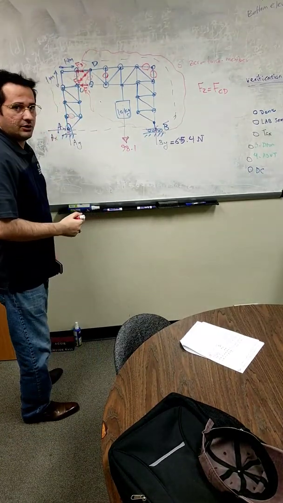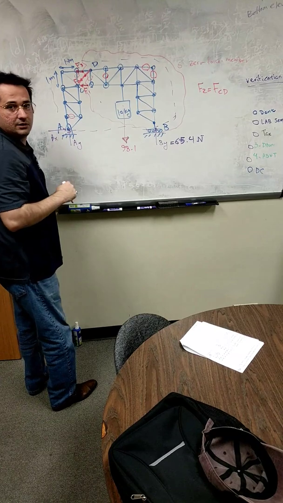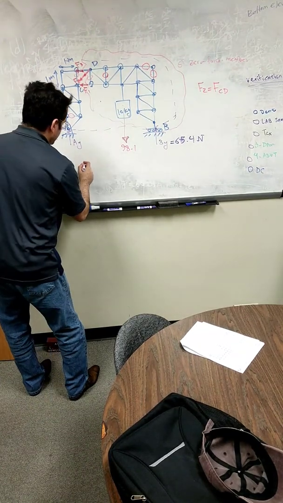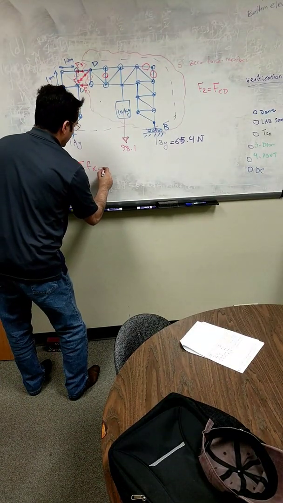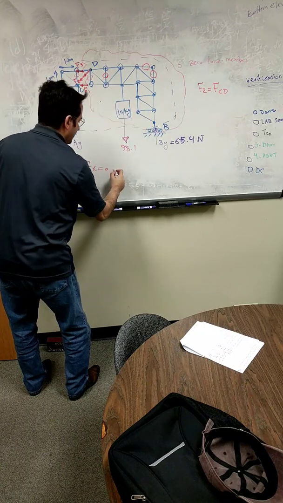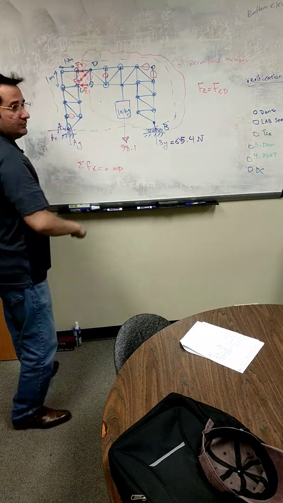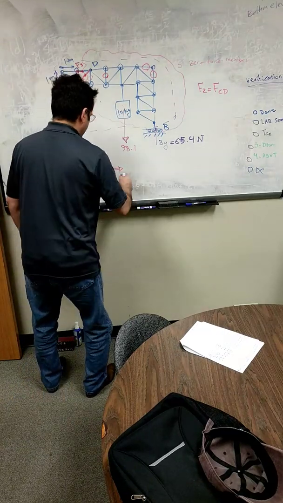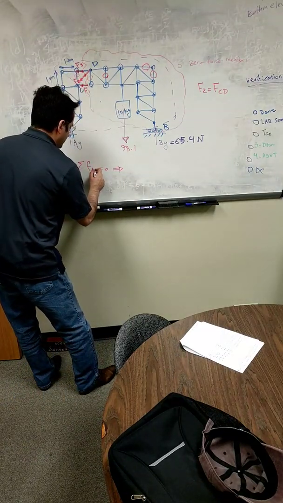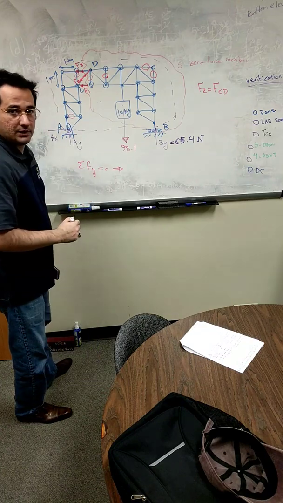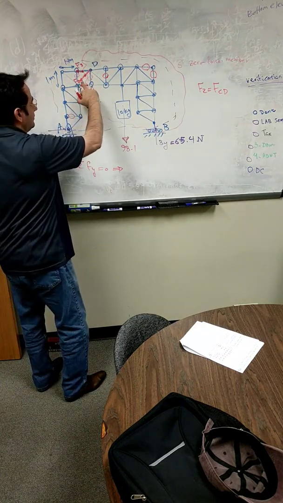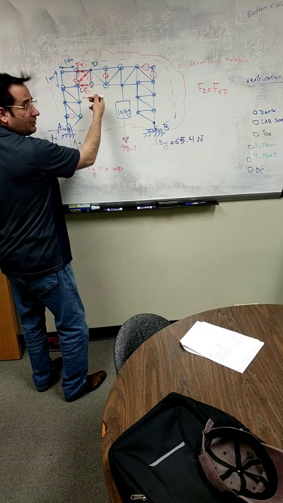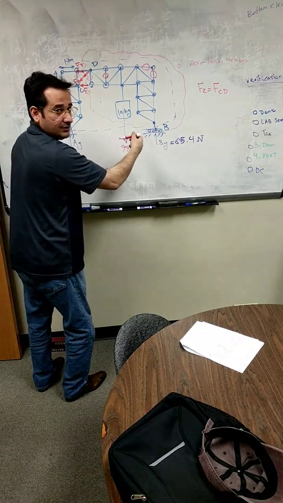What equation can I write to get F2 only? The answer is summation of force in Y for this system. That will immediately give you F2, because F1 and F3 are purely in the X, right?